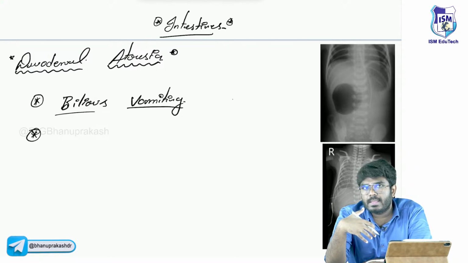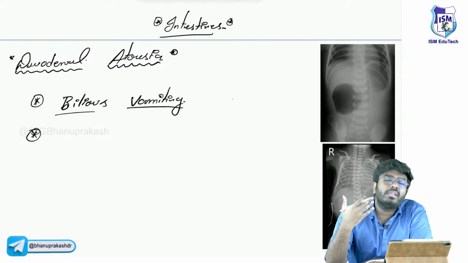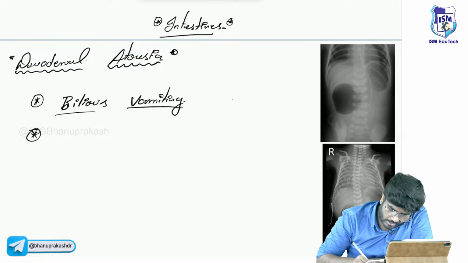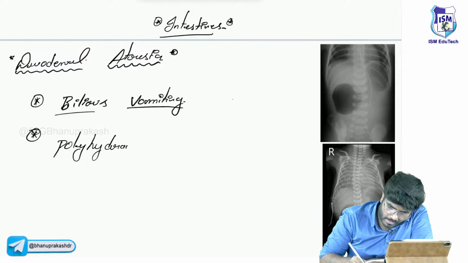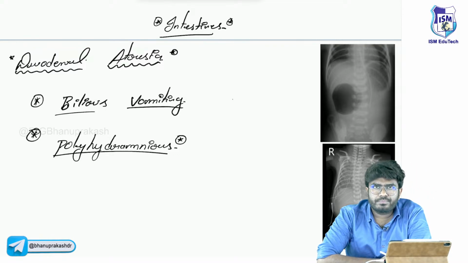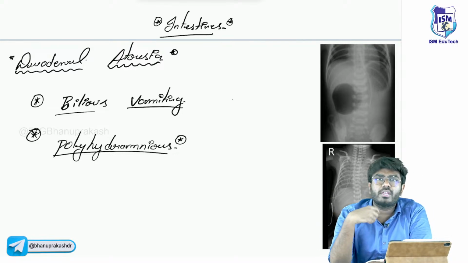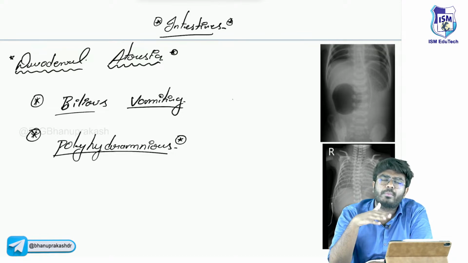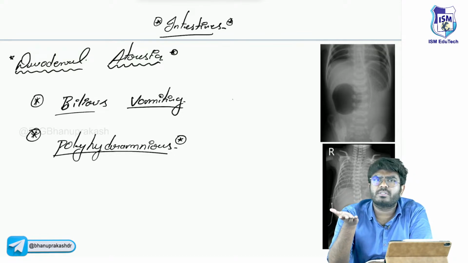Usually these pregnancies show polyhydramnios. These babies cannot swallow the amniotic fluid because there is a block. Normally the baby swallows the amniotic fluid and produces the amniotic fluid. Amniotic fluid is nothing but the baby's urine.